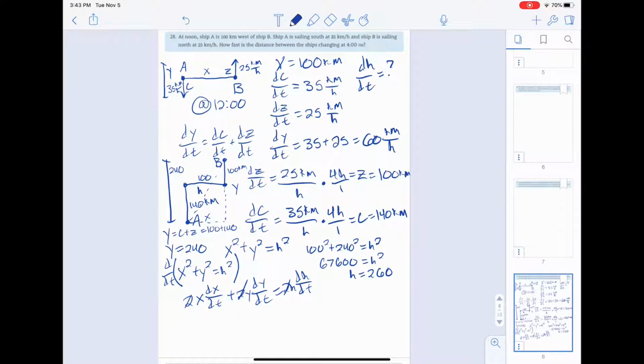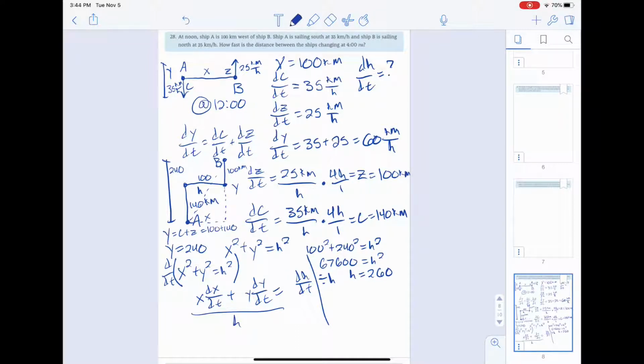And since we're solving for dh, we're just going to go ahead and divide by h, which will get rid of it over here, and put all of this over h.